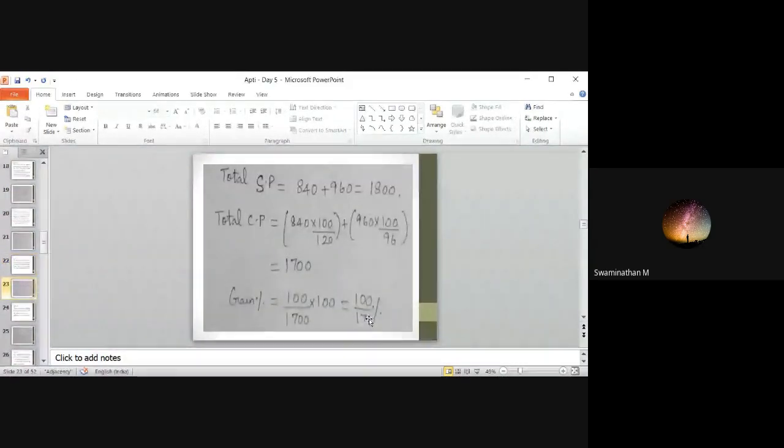I haven't converted this fraction into decimal. So I'm getting 100 by 17. So total selling price 840 plus 960, 1800. Total cost price: you have to find first the cost price of the first transistor and the cost price of the second transistor, and you have to add.